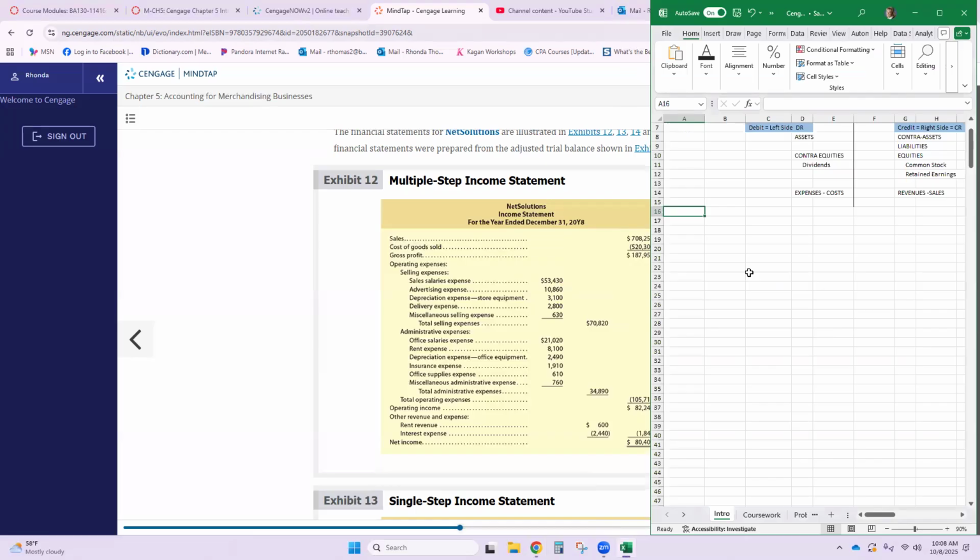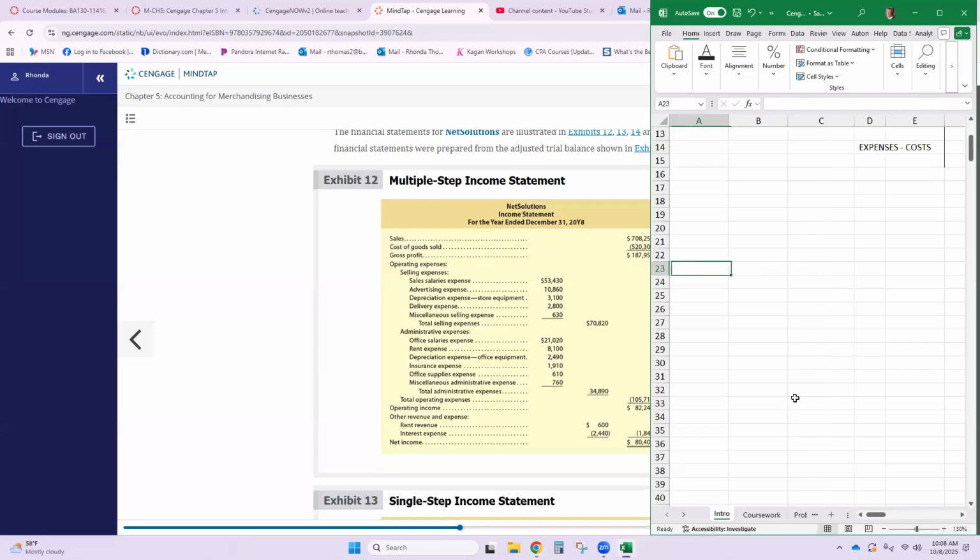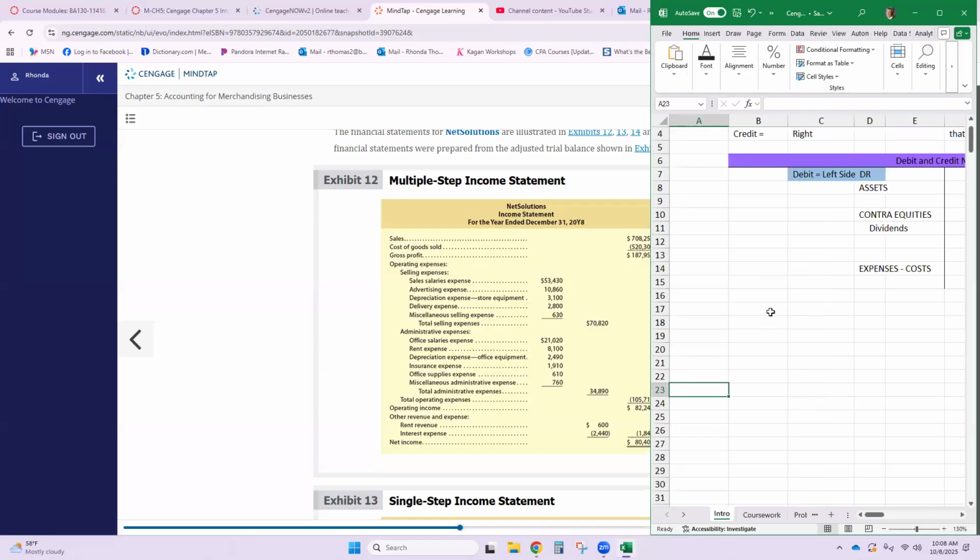I want you to get used to writing this formula. Okay, so just a second. Let me make my Excel sheet a little bit bigger. I remember when I was learning this, and I practiced writing this as much as I could.